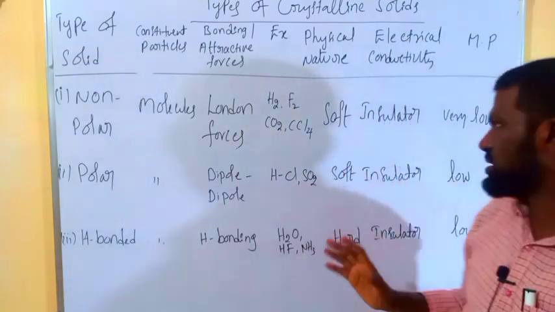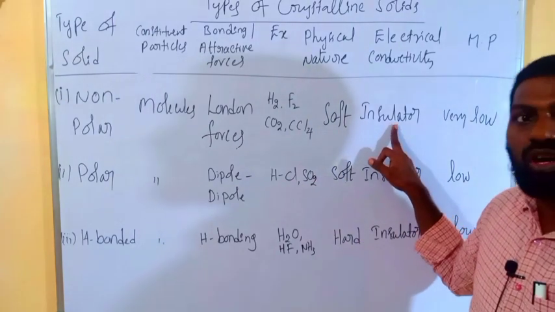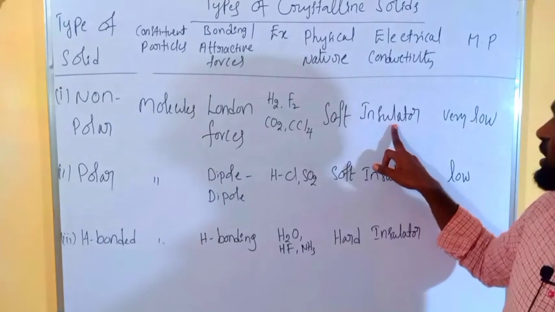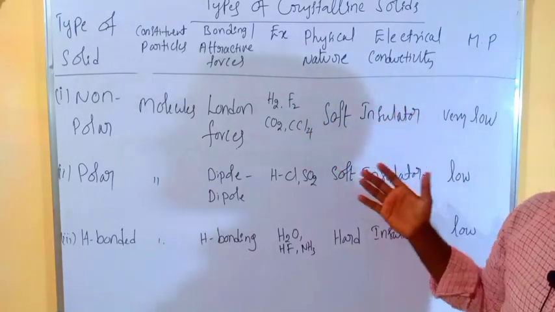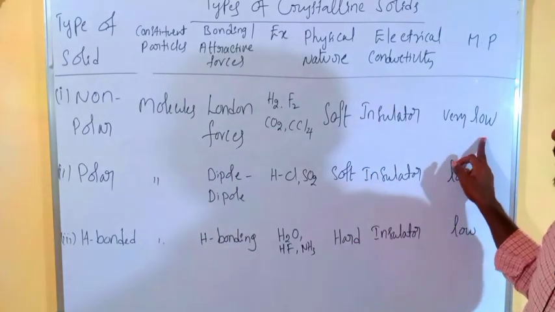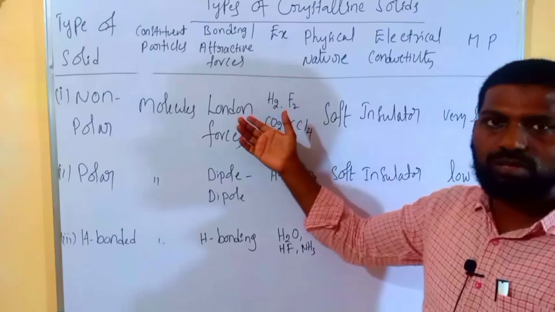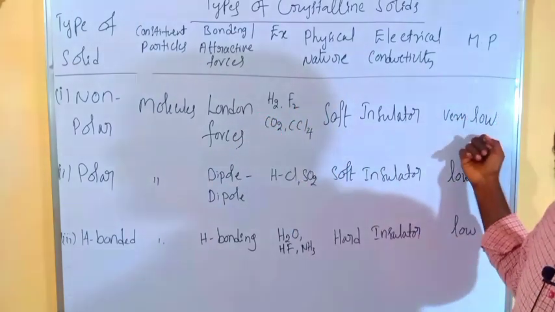They do not conduct electricity. They act as insulators. They are non-conductors of electricity. Next, what about melting points? Since they exist in the form of gases and liquids, their melting points are very, very low. And moreover, they are associated with very weak forces, so their melting points are very low.